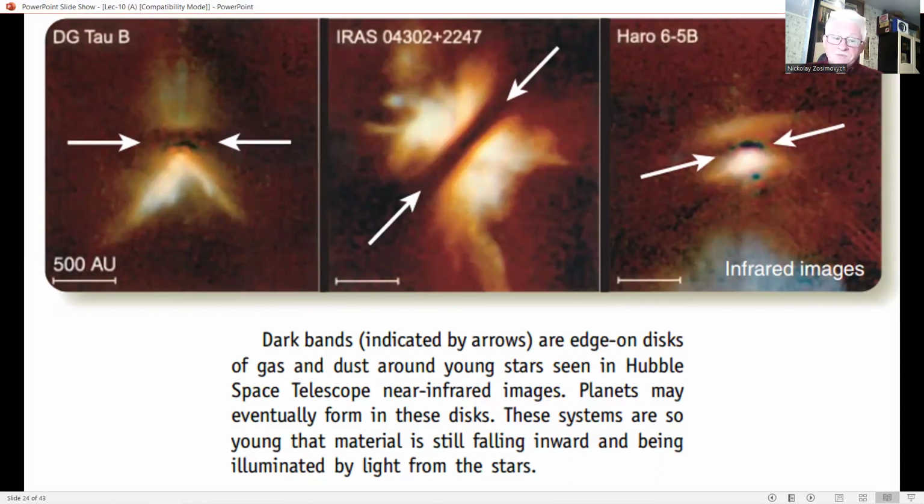That conclusion is based on calculations showing that the observed dust would be removed by radiation pressure in a much shorter time than the ages of those stars, meaning the dust there now must have been created relatively recently.